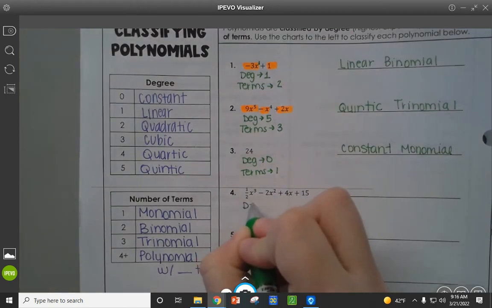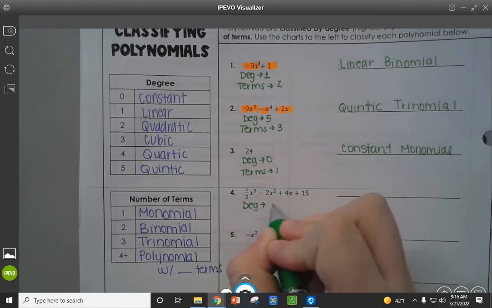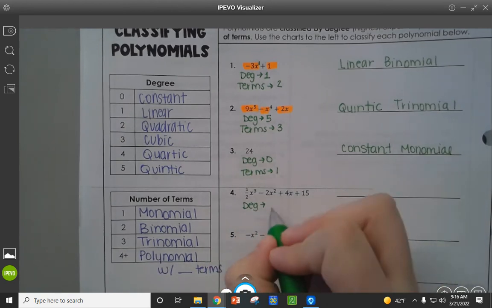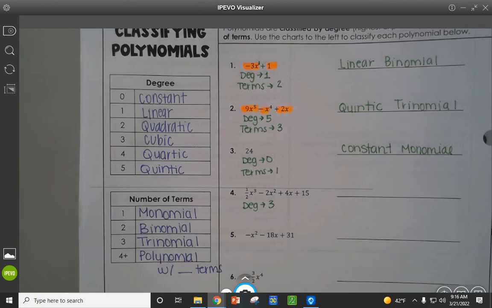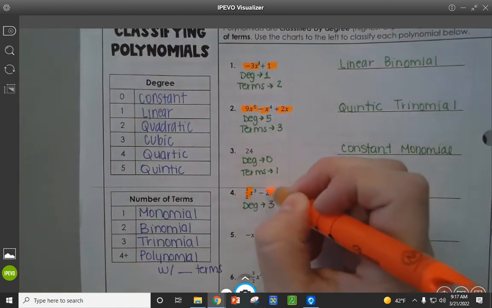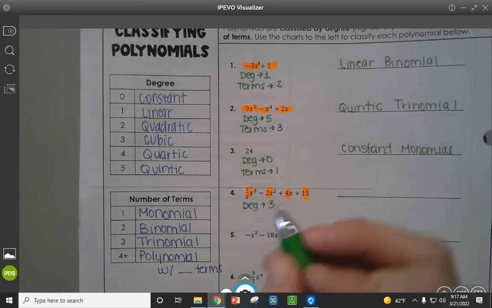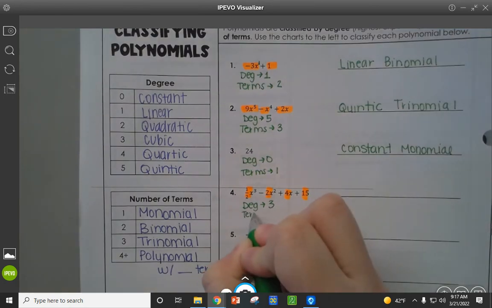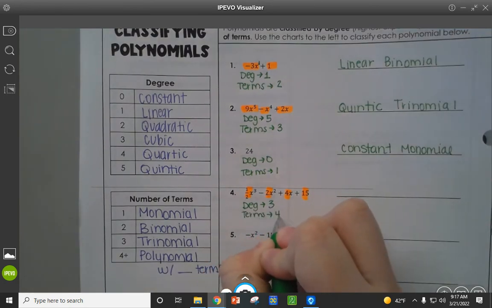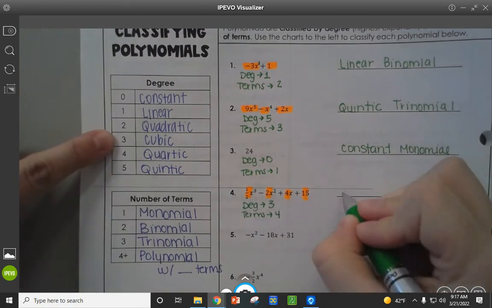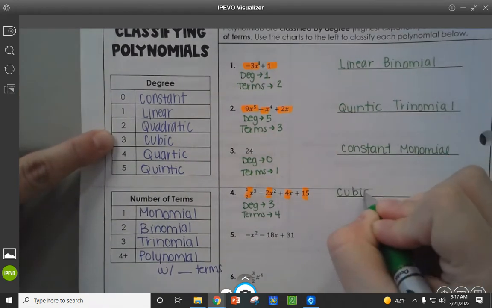Number 4, what is the degree? 3. That's the biggest exponent. What's my leading coefficient? 1/2. And then I've got 1, 2, 3, 4 terms. So a degree of 3 is a cubic.